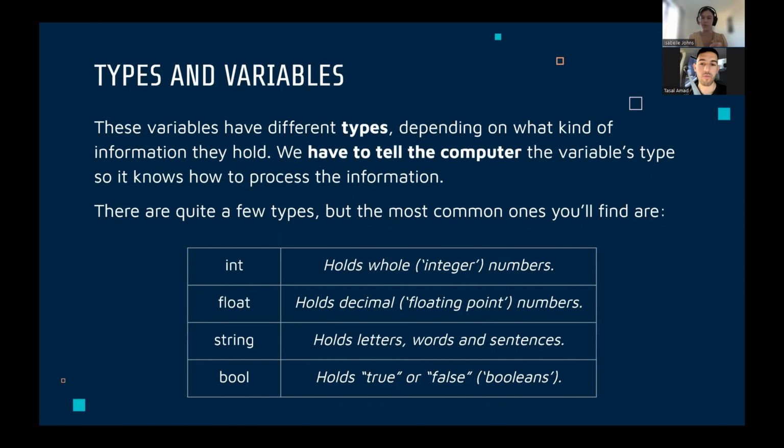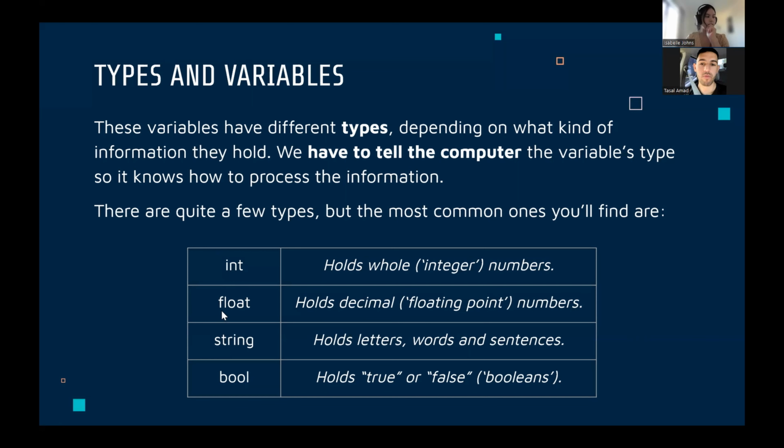You shouldn't be able to do cat plus dog. You should only be able to do maths on numbers like 1 plus 2, 0 plus 8, and things like that. So these types basically just tell our computer, this is the kind of thing you can do on these variables.